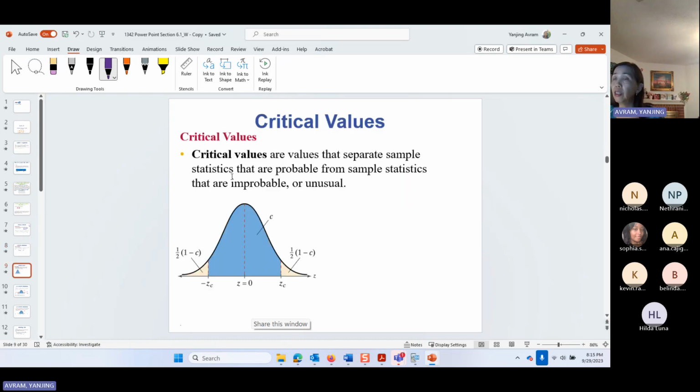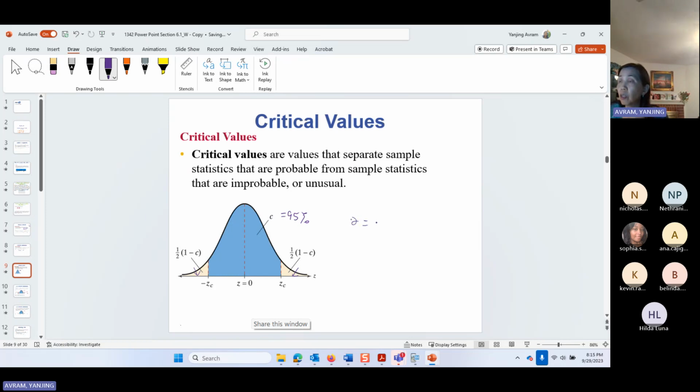So this one we call a critical value. A critical value is the value that separates sample statistics that are probable from the sample statistics that are improbable or unusual. So what does that mean? If I have C equal to 95% confident, that means I have 5% not confident, or 5% error.